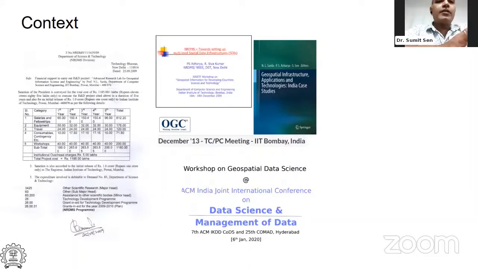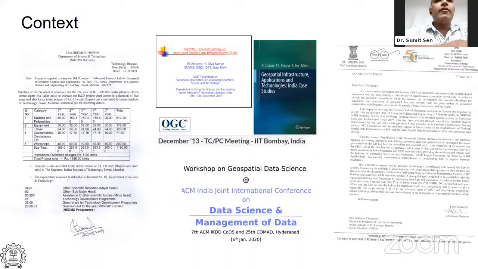And we were asked by the Secretary of the Department of Science and Technology to expand our activities. In his letter to IIT Bombay, he asked us to develop a proposal to generate a GIC, Geospatial Information Science and Engineering Hub, as a hub and spoke model to further the vision of having a national center of excellence and developing more such hubs.